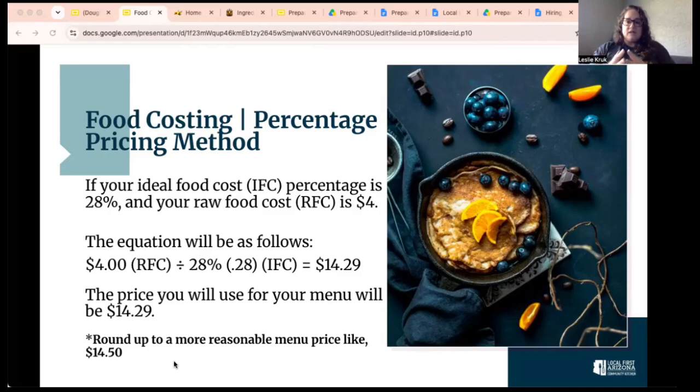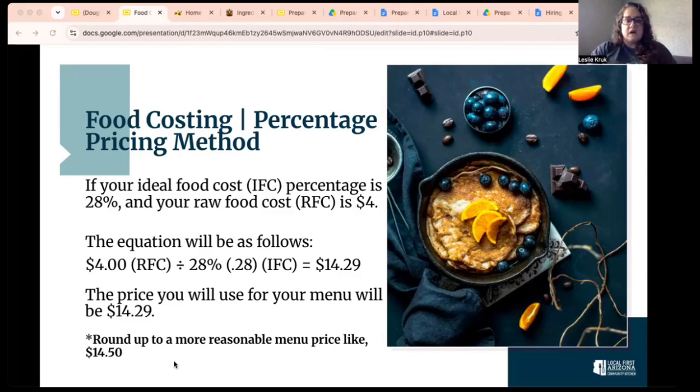But alternatively, you might very well have other things on your menu that are much lower than 30% food costs. So it kind of evens out. So having an idea or having a list of where those food cost percentages are, you can figure out if you're staying in that average.